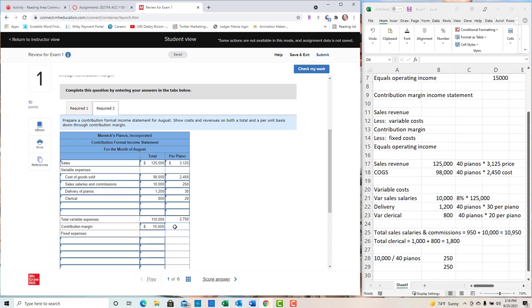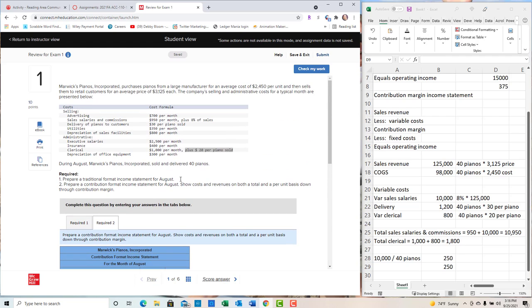We could divide that by 40 to get the contribution margin per unit, but our per unit contribution margin would be the $3,125 sales per piano minus the $2,750 total variable expenses per piano, and we come down to $375.